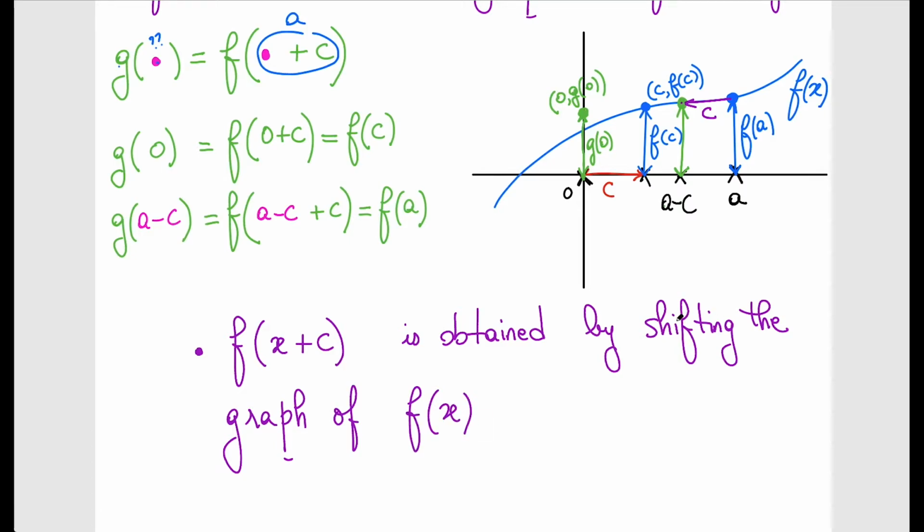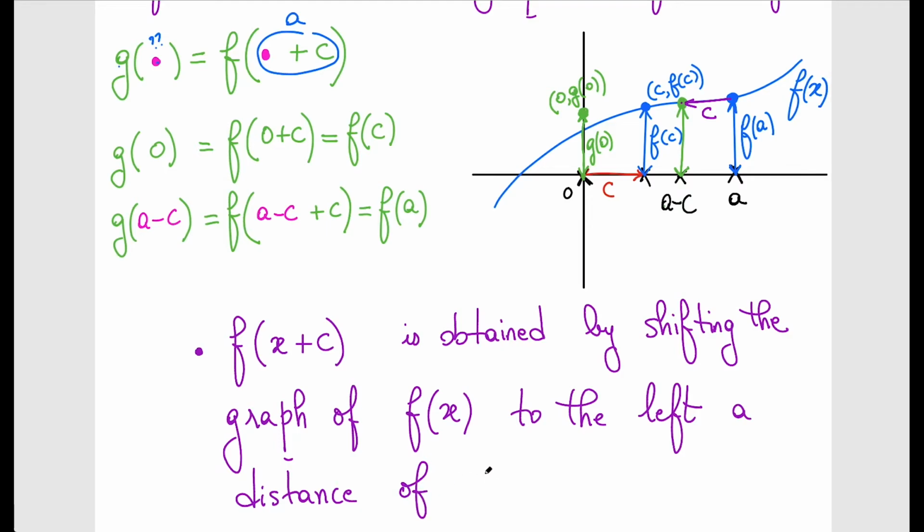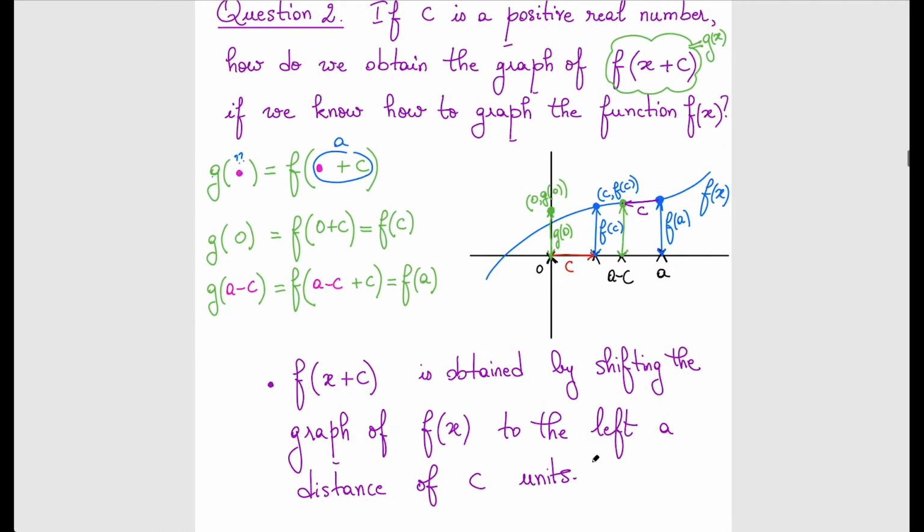It was obtained by shifting the graph of f to the left a distance of c units. Correct? Why, c being a positive entity? Makes sense? So the graph of this thing is simply a horizontal shift to the left by the amount c of the graph of f. Okay, as just indicated over here.